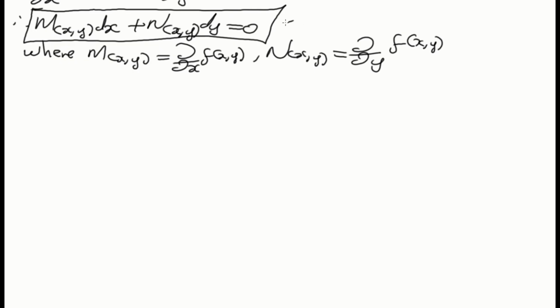Let me even put a star, because when they give you problems they may be put in any other way, just maybe to confuse us. So you have to put it nicely in this position so that you are able to figure out exactly what your M function is, exactly what your N function is. So this is what you must ensure first.